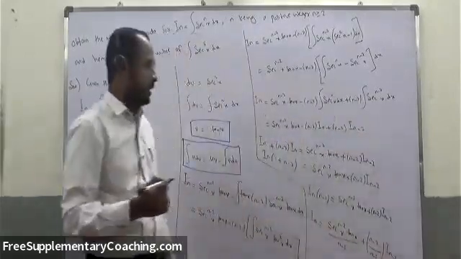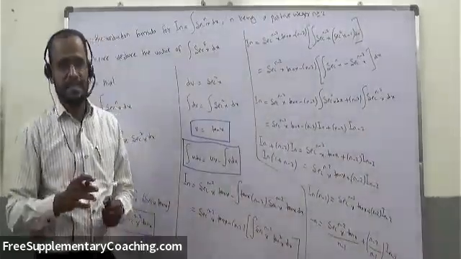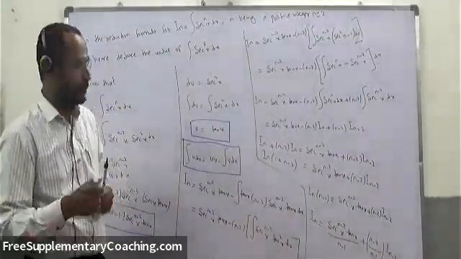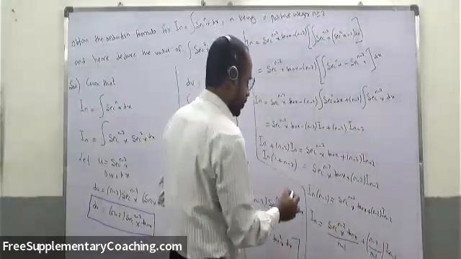This is the reduction formula for the secant power n x into dx. Finally, we have got it here.